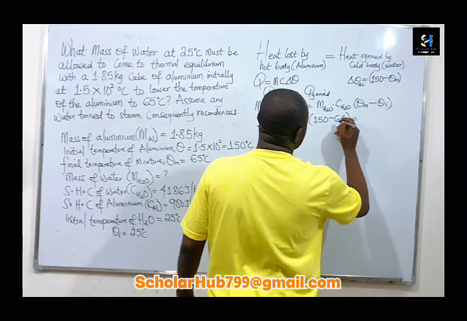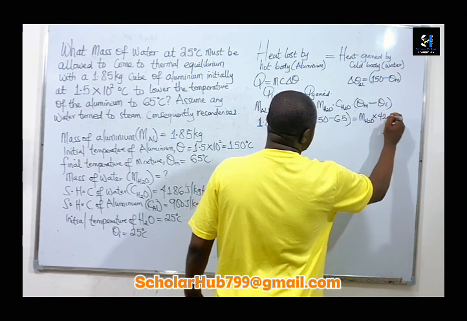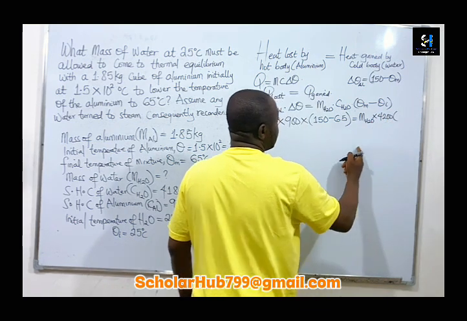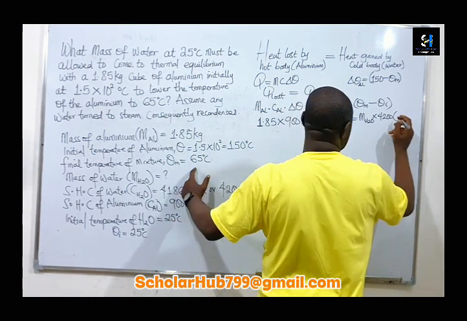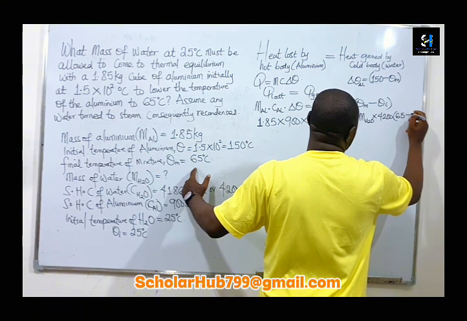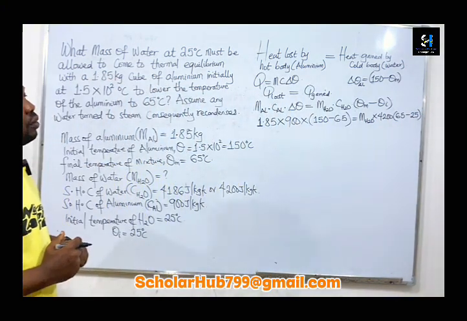This equals the mass of water multiplied by 4200, then multiplied by the temperature of the mixture, 65, minus 25, which is the initial temperature of water.